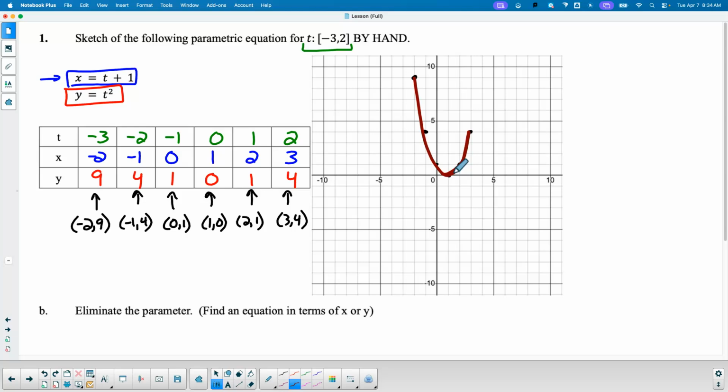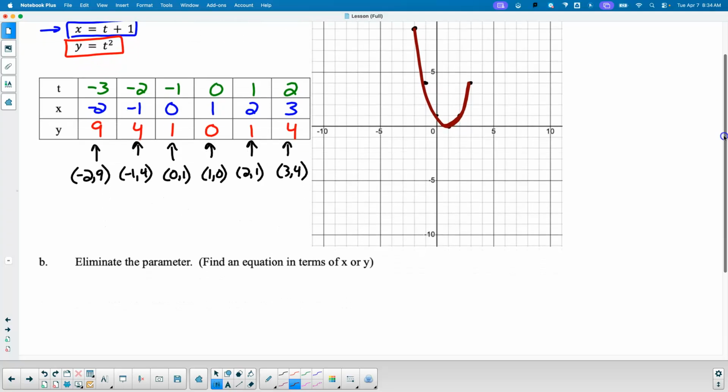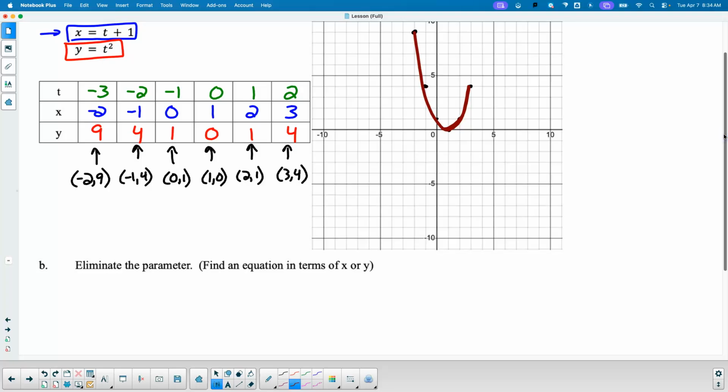We can make a parametric function into its corresponding Cartesian function by doing something called eliminating the parameter. How we would go about eliminating the parameter is, the first thing that we would do is solve one of our functions for t.